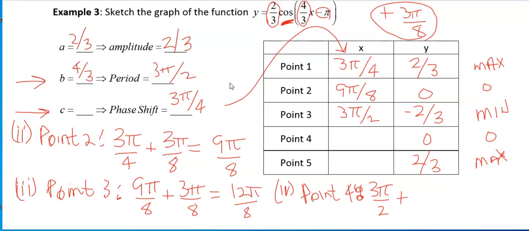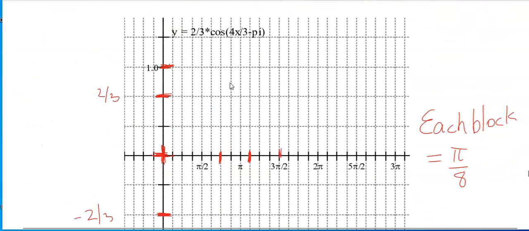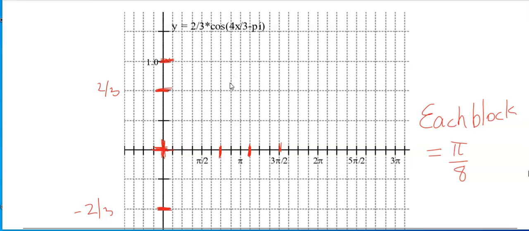And I'm going to add on 3 pi over 8 once again. So that would be 12 pi over 8 plus 3 pi over 8. I'm pretty sure you're going to get 15 pi over 8. So that would be 15 blocks to the right of the origin. Even though you won't see 15 pi over 8 labeled there, if you go 15 blocks to the right of the origin, that should take you right to there.